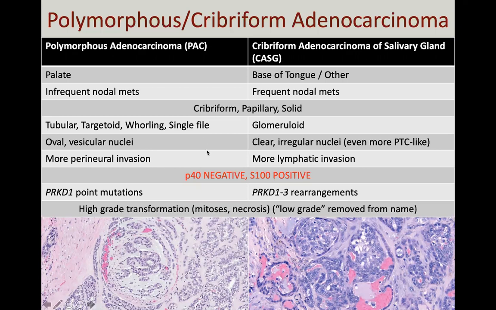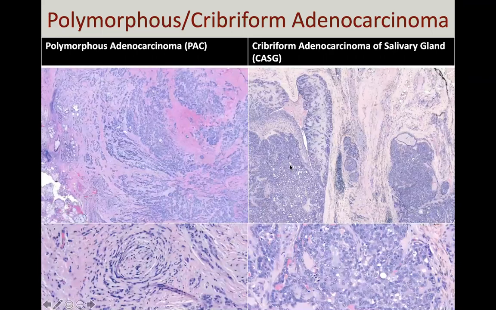Remember, polymorphous and cribriform are tumors of a single cell type, but of various histologic patterns, including tubular, cribriform, sometimes whorled or glomeruloid, either on the palate or other minor salivary gland site, both being negative for P40 and diffusely strongly positive for S100, and being differentiated by what type of PRKD gene rearrangement is present. Here's another example of the morphologies of these two tumors. Again, sometimes with a little bit of myxoid stroma, as you can see here, with perineural invasion being present.